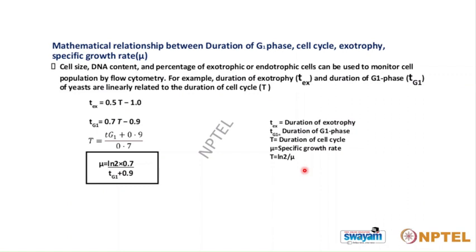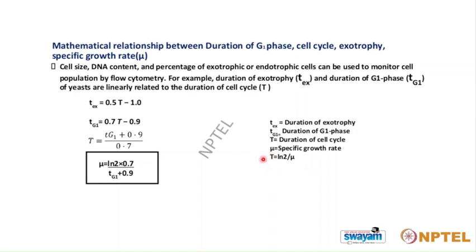Basically growth rate is equal to ln 2 by time. If you want the duration of the cell cycle, we can interchange these two entities.